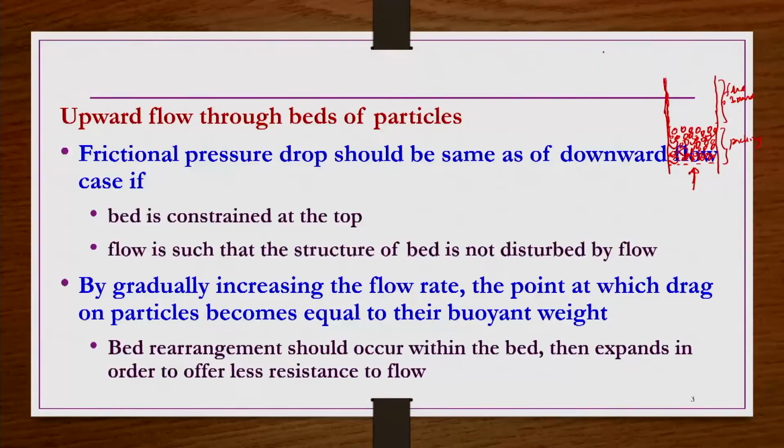Until then, the pressure drop increases with increasing superficial velocity, whether upward flow or downward flow, as long as the packed bed conditions prevail. But if you do not have the constraint of the bed at the top and you gradually increase the velocity, some kind of rearrangement of the particle packing structure takes place, and the bed starts expanding.